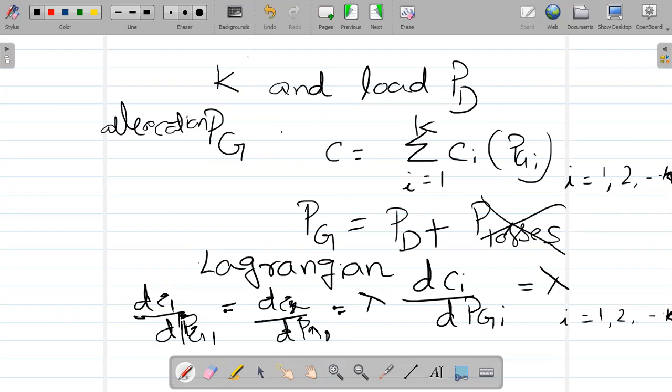For the second plant, dC2 by dPG2, and that equals lambda. This is the solution for the economic scheduling problem.